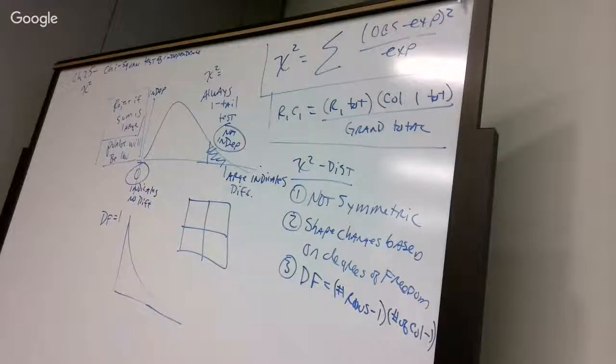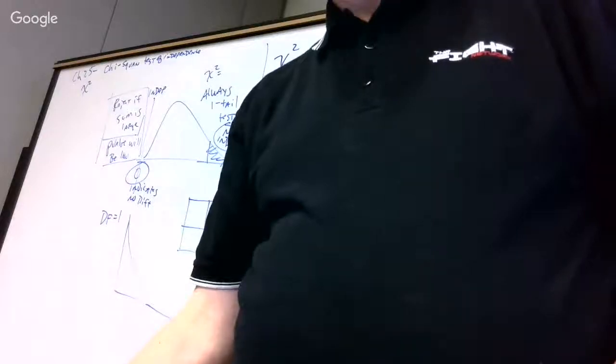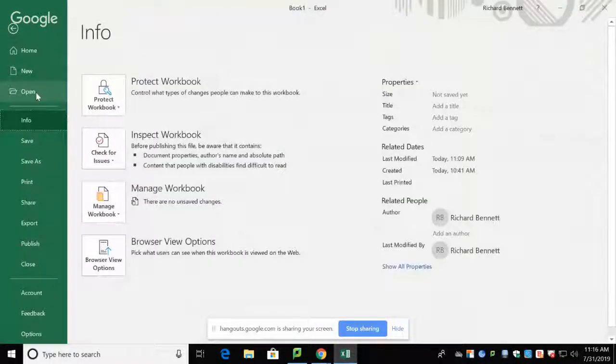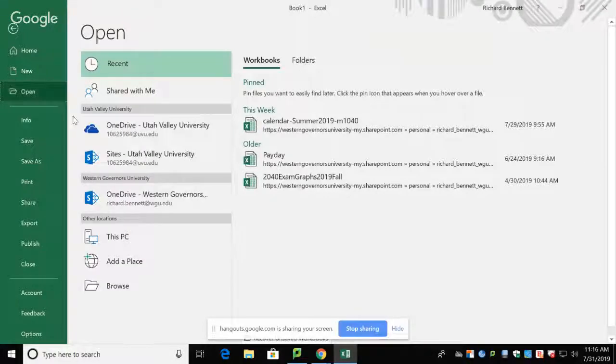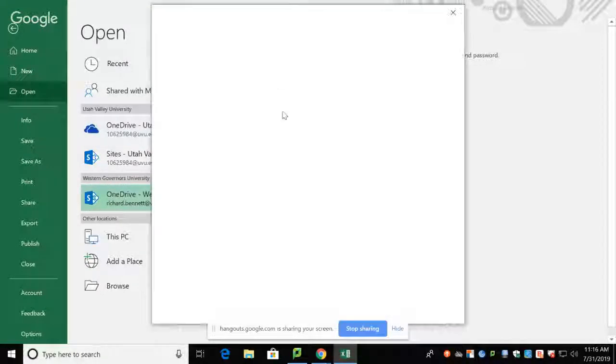Okay, so let's go ahead and look at our chi-square table. You should have a chi-square table. Wait, so there's only one tail, but why are they showing two tails?